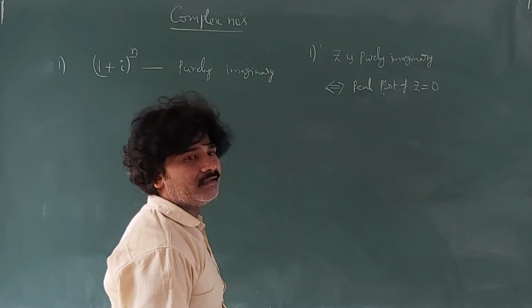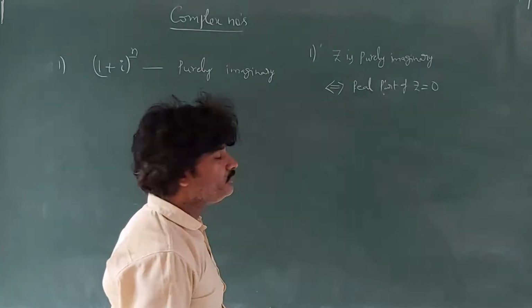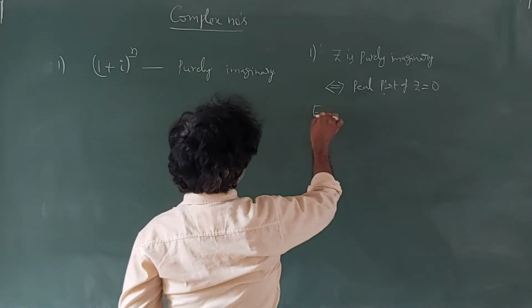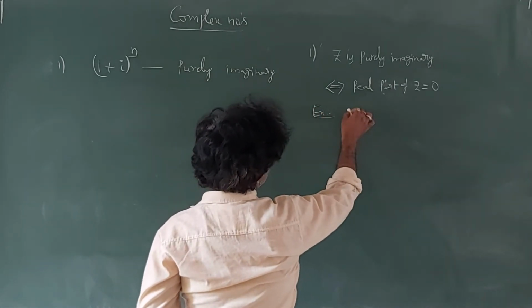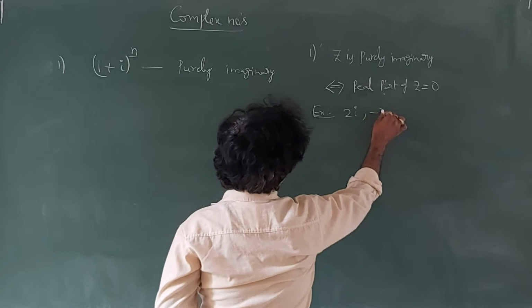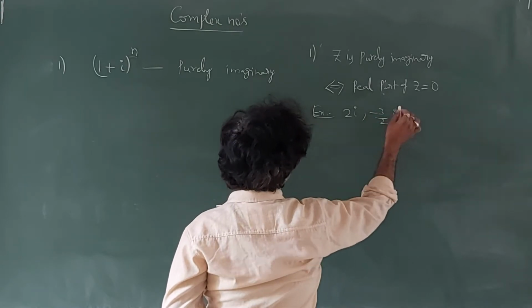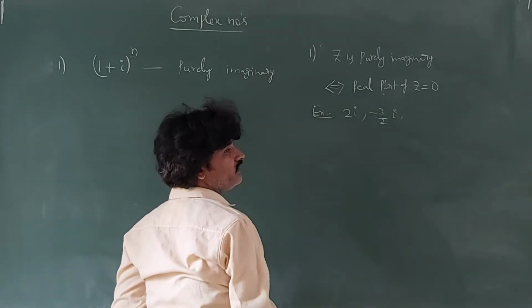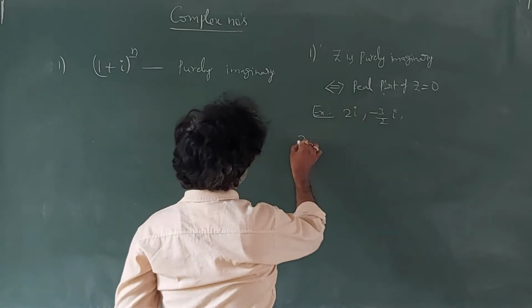It contains only an imaginary part. For example 2i, 3i, minus 3 by 2i, like this. Only an imaginary part.